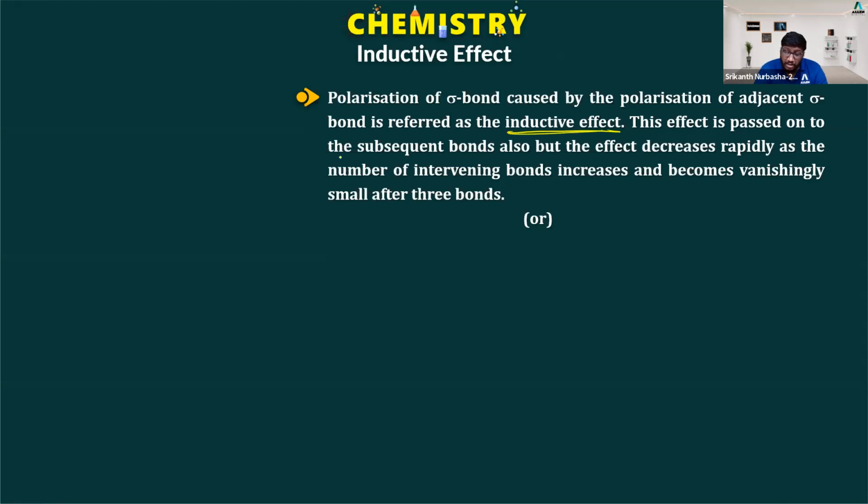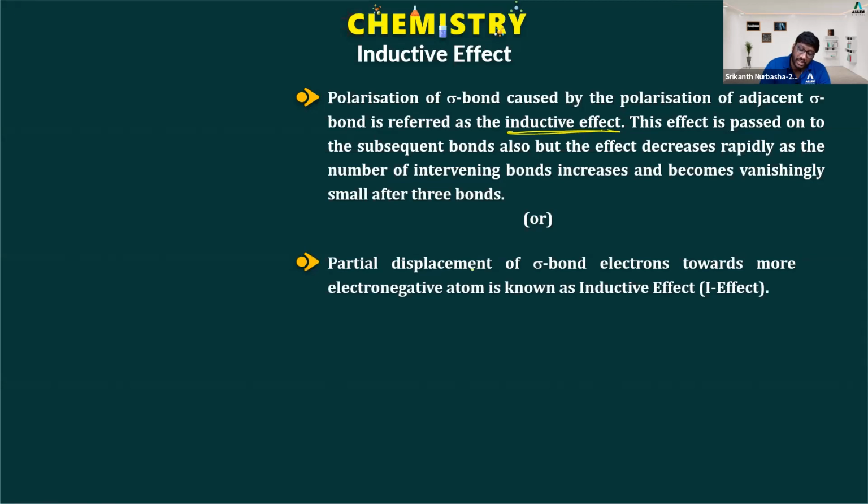This effect is passed on to the subsequent bonds also, but it decreases rapidly as the number of intervening bonds increases and becomes vanishingly small after 3 bonds. Or, partial displacement of sigma bond electrons towards the more electronegative atom is called inductive effect.